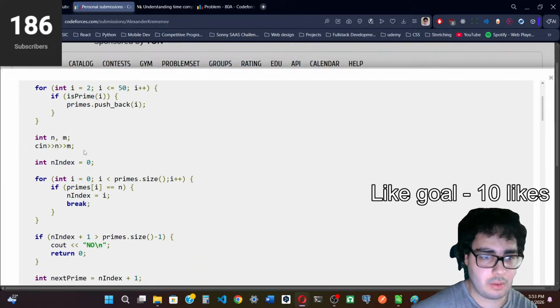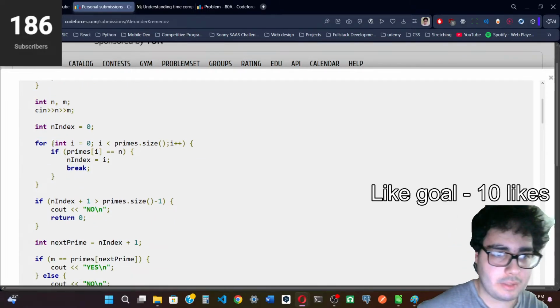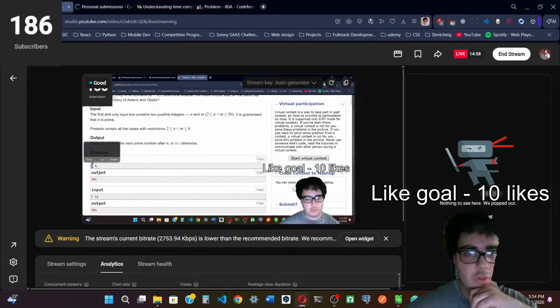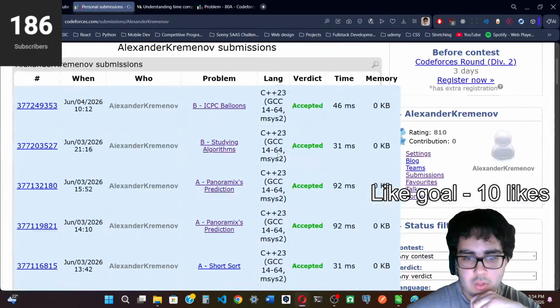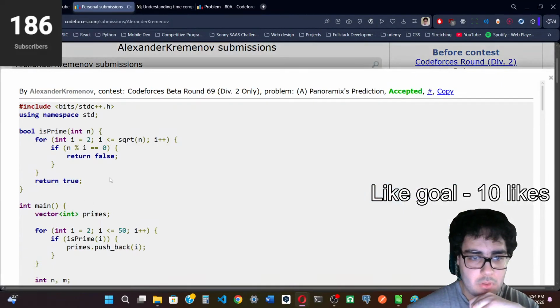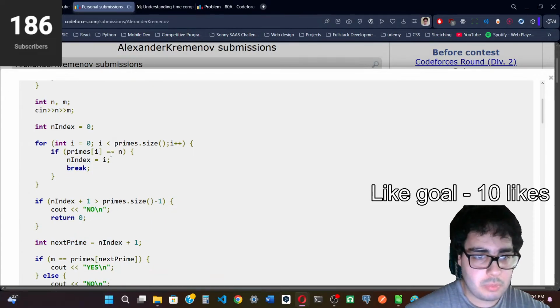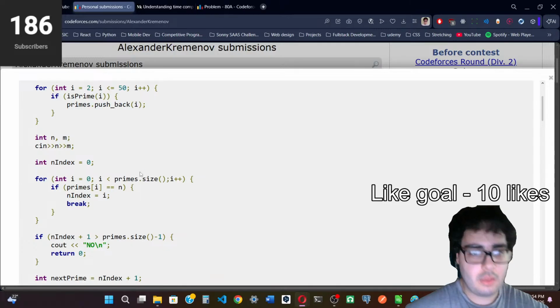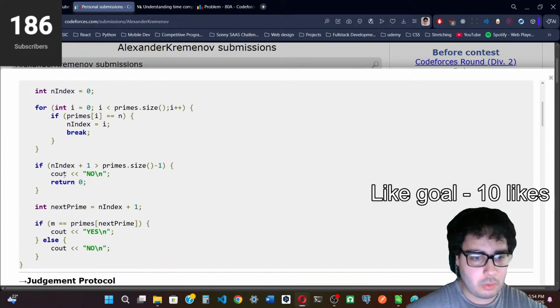And then I get the input N and M. Then if primes of i is equal to N, so if we have found N, then I'm setting the N index to i.